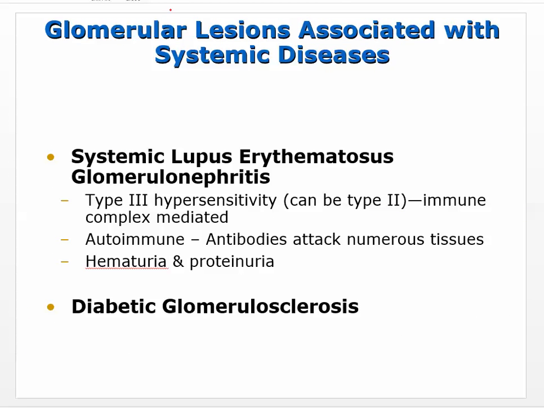Okay, so glomerular lesions associated with systemic disease. I kind of mentioned SLE, systemic lupus erythematosus, which is one of these things where you have the antigen-antibody complex.